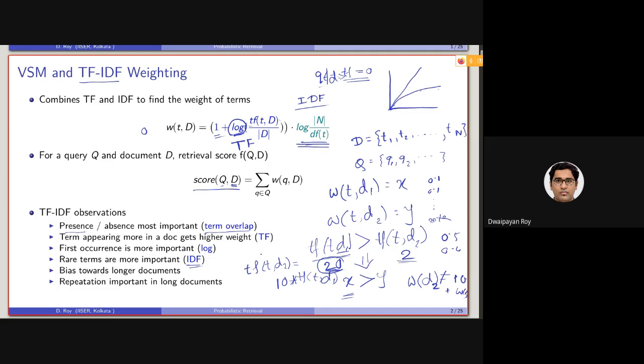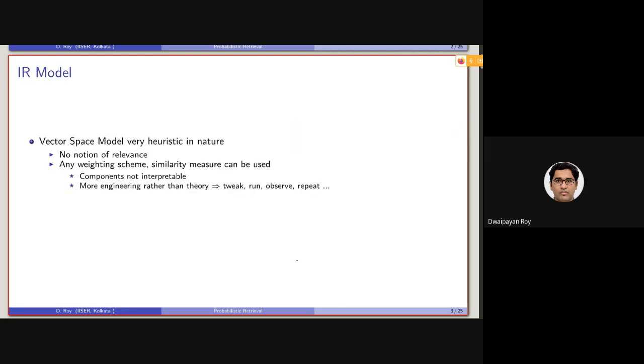A longer document will be getting a higher score due to different factors. We have discussed this in the last class. So in this vector space model, there is no notion of relevance. What we have seen is that it is only considering the overlap.